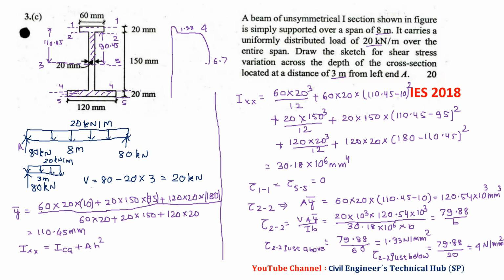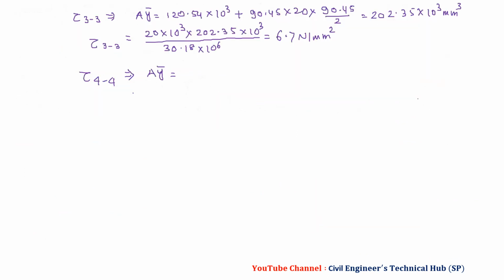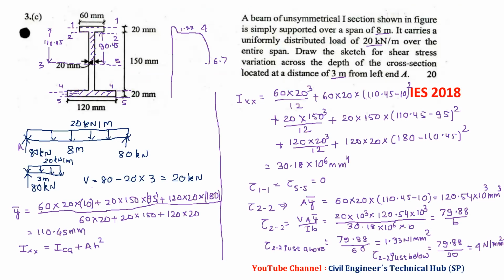And that area is 120 into 20. So we have equal to 120 into 20, and its distance from the centroid. So total we have 190 minus 110.45, so 79.55. So we have this distance 79.55.